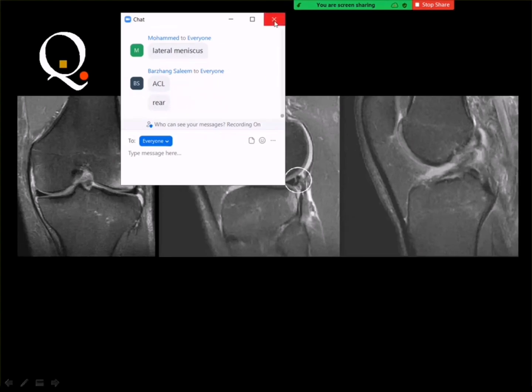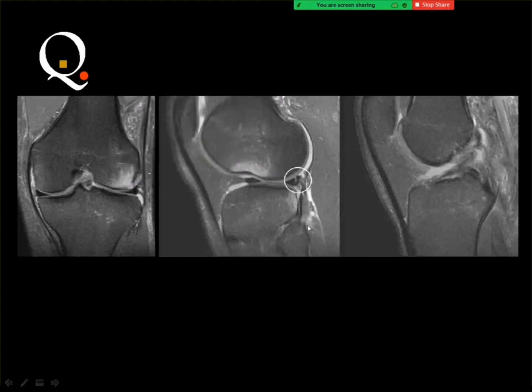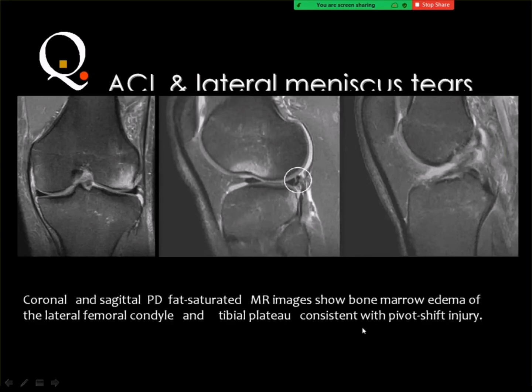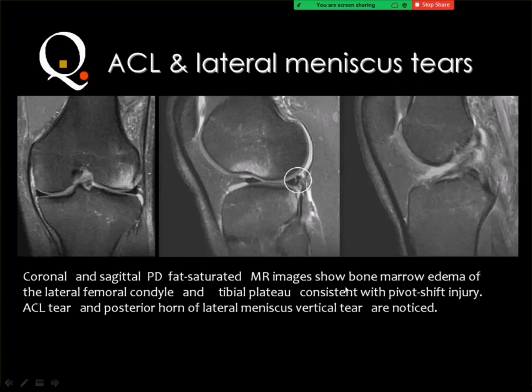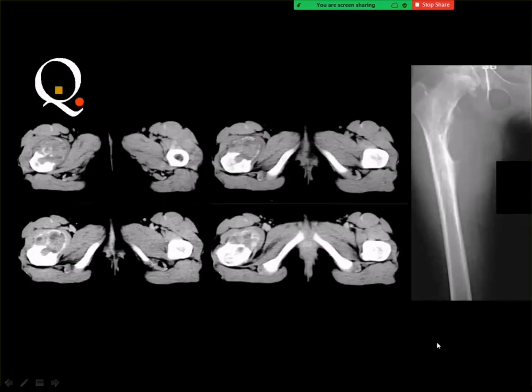And yes, this is ACL tear and lateral meniscus vertical tear with bone marrow edema. You see that the ACL is lying down against the tibial plateau with some abnormal signal within its fibers. Also, you see bone marrow edema, kissing contusions, or pivot shift lesions.